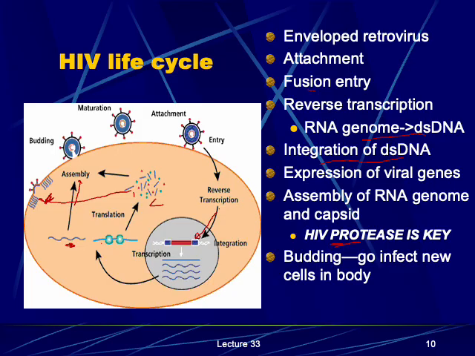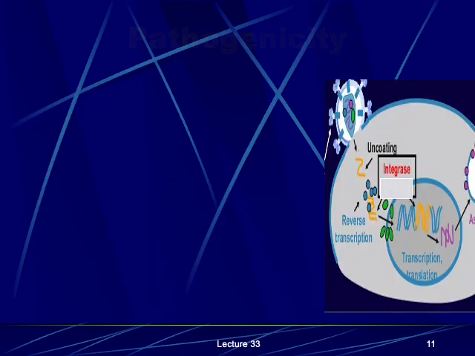So a lot of this stuff should make sense now. We've talked about a lot of examples of how viruses are made, assemble, and bud off. It's pretty much the same general pattern with slightly different proteins involved. It should come to you by now. Okay, go over it, get it.